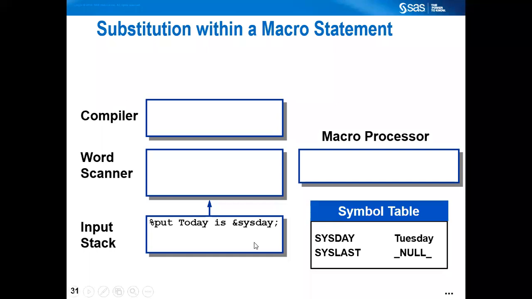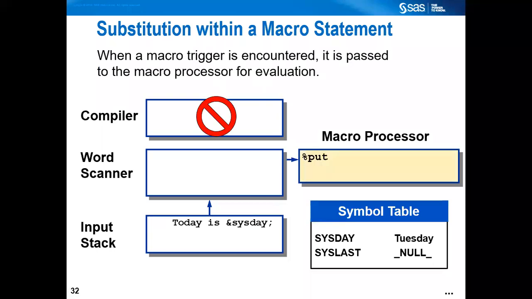From the input stack it moves to the word scanner, which starts tokenizing. During tokenization it finds a macro trigger, because the word is preceded by the percent sign, a percent followed by a name token. Yes, it's a macro trigger, a macro statement, and it is passed on to the macro processor.